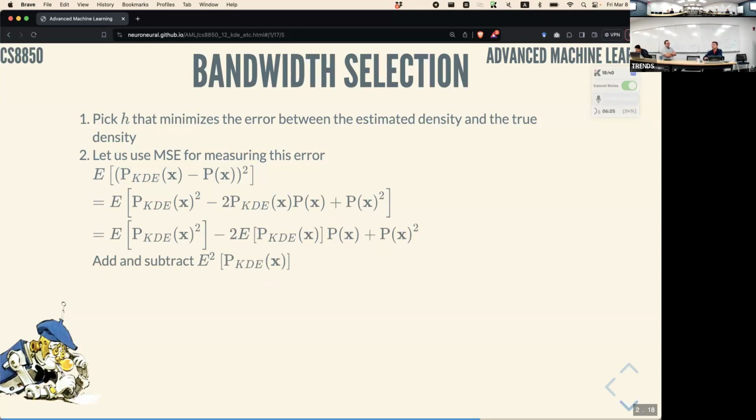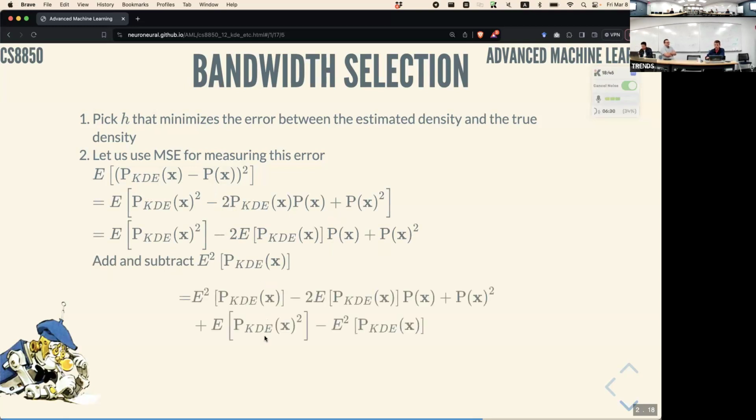That's all mathematicians do, right? They either multiply by 1 or add 0. That's what this is. Once we do that and regroup again, we get this expression. The first one is the expected value of your estimator minus the true value, squared. This one is called bias.